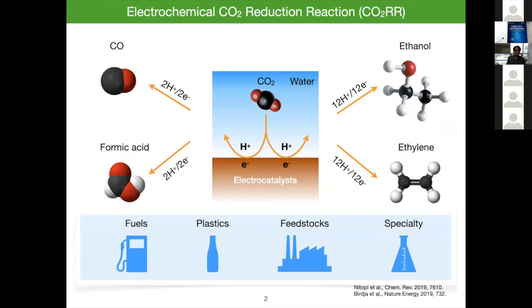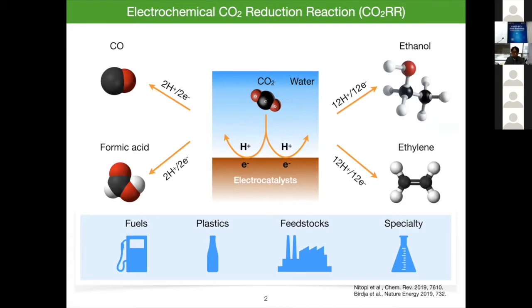For example, depending on the catalyst, if two electrons and two protons are transferred to carbon dioxide, then you can form carbon monoxide and formic acid. If 12 protons and electrons are transferred to carbon dioxide, then you can form C2 products such as ethylene and ethanol.